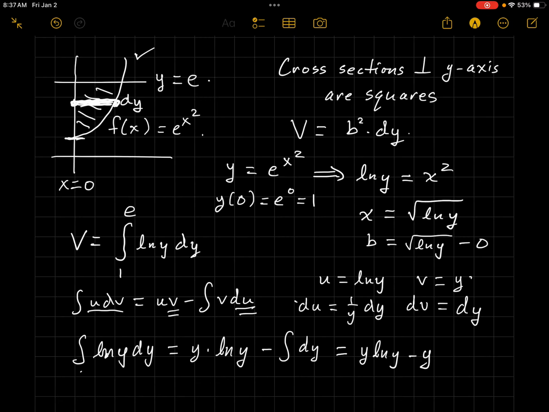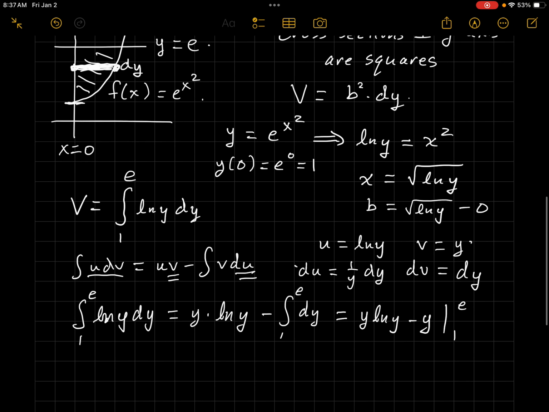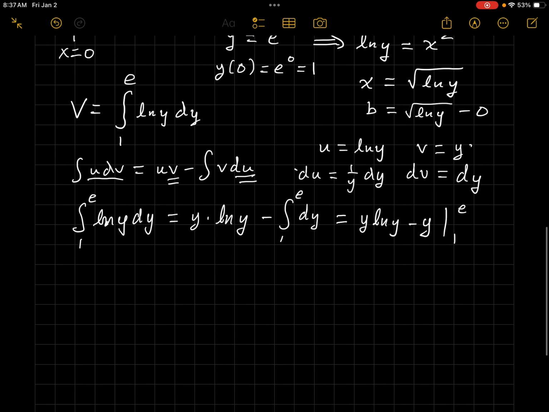And now let me go back and put my limits. So I can put my limits down here as well. Plugging in the top limit, we get e times the natural log of e minus e.